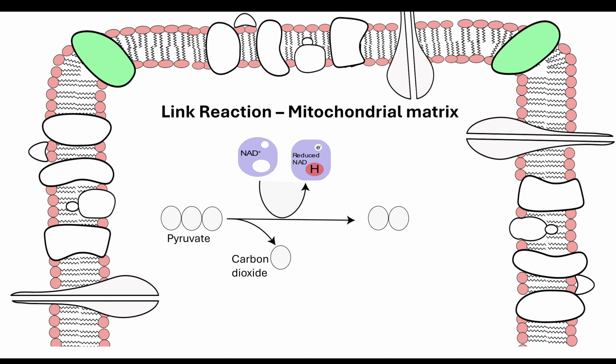This is going to turn the 2-carbon molecule into an acetyl group. Then another coenzyme, coenzyme A, is going to come in and pick up the acetyl group, and it is going to transport it off to the next stage in the respiration process, the pathway that it needs to go to.